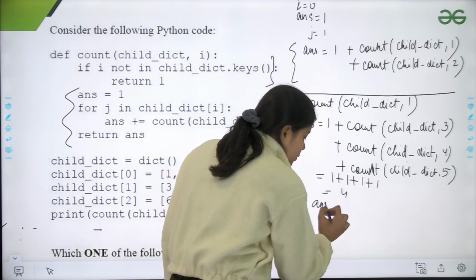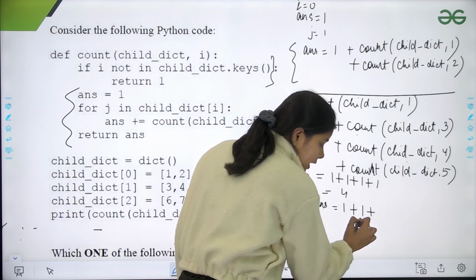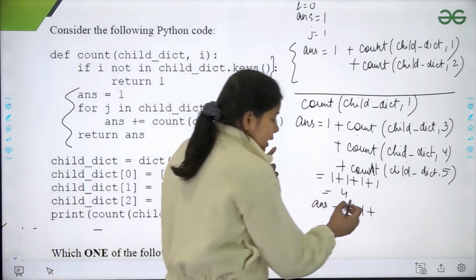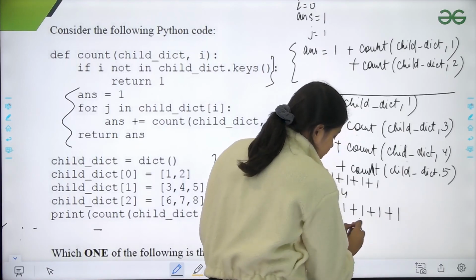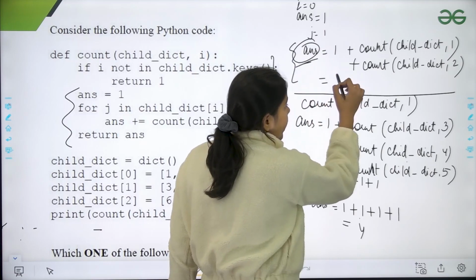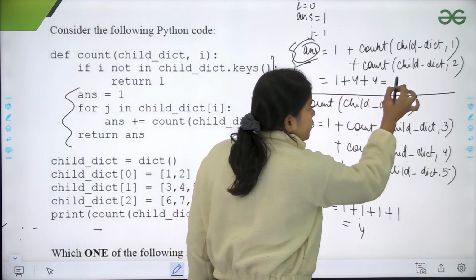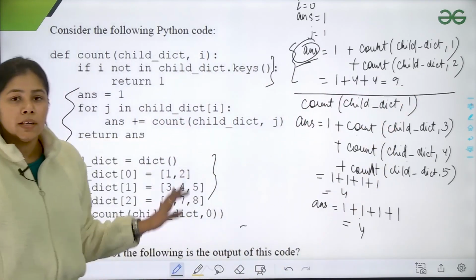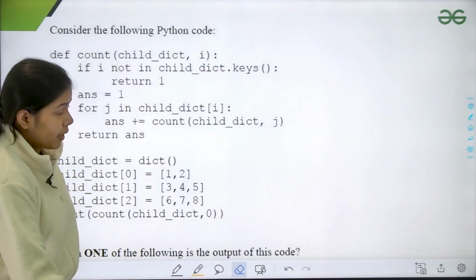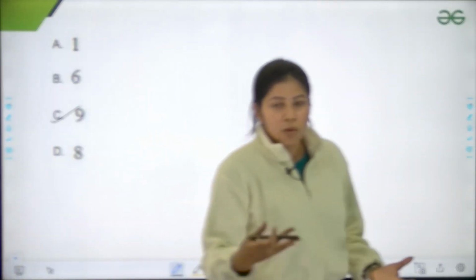Answer is equals to 1 plus, for 6 I'll get 1 because 6 is not in keys, so it would return 1. 7 is not in keys and 8 is not in keys, so we'll get 4 from here, and the final answer is 1 plus 4 plus 4, that would give me 9. So 9 would be the output of this code, right? So option C is correct here. That's how I'll run the code based on dictionary in Python.